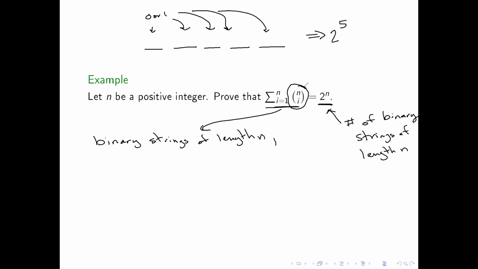So let's think about that second. Let's just break this down first. What would be n choose 1? I'm not asking for the numerical value, but what would that be possibly counting?